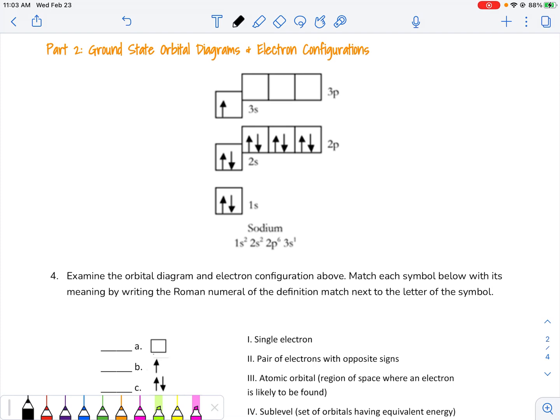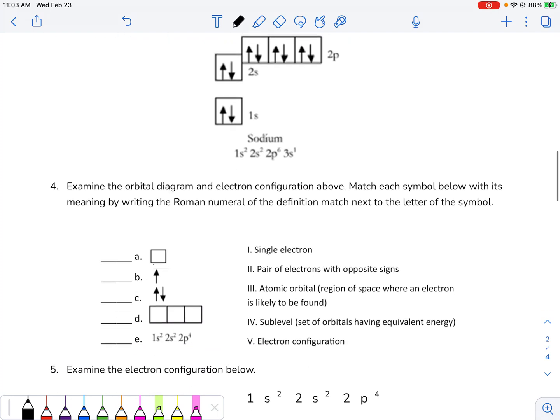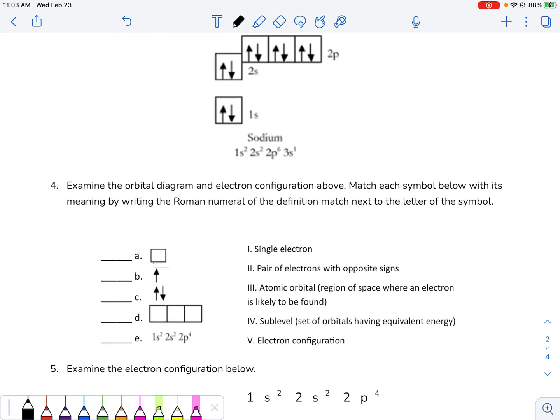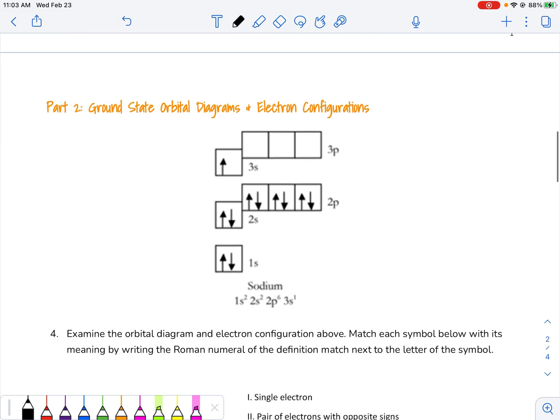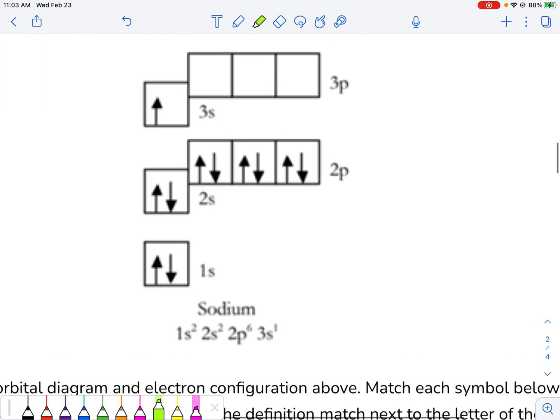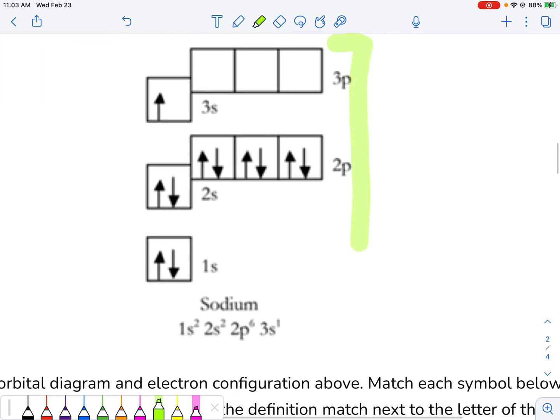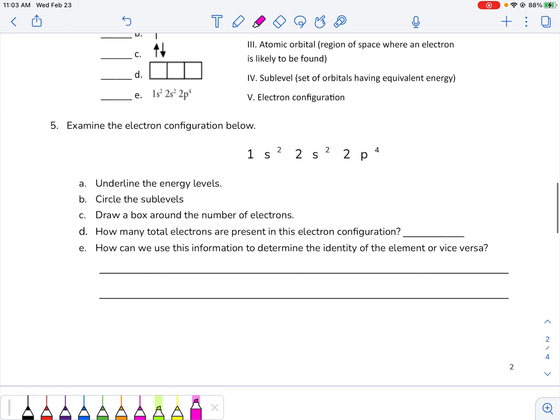It walks you through how to draw these orbital diagrams and write an electron configuration. This is information you can find in the lesson, but to make it clear, this piece is the orbital diagram, the visualization, and this piece is the electron configuration, the numerical representation of an electron.